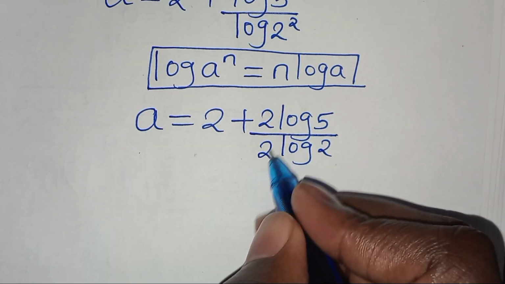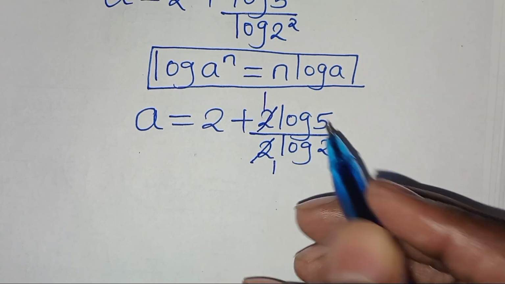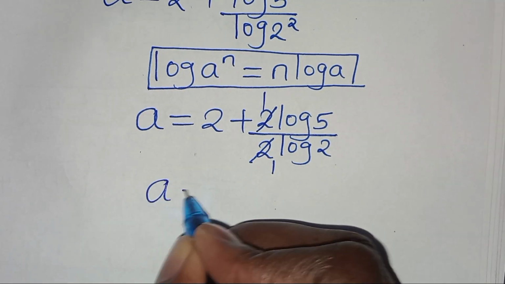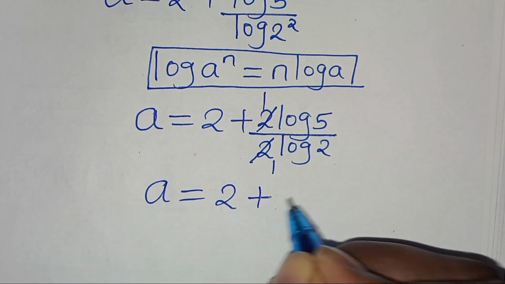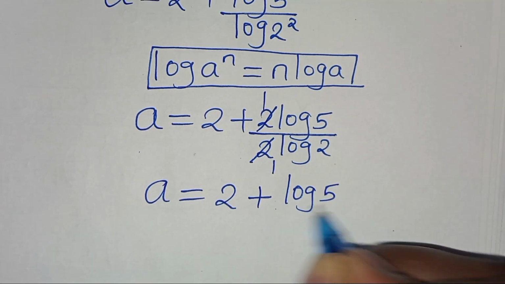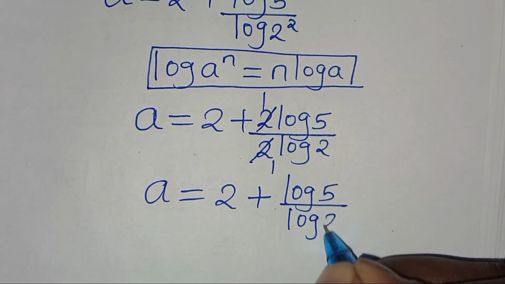So let's simplify here by 2 over 2. So a is equal to 2 plus log 5 over log 2.